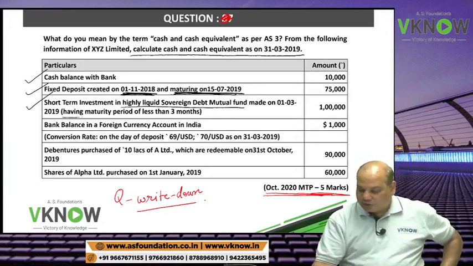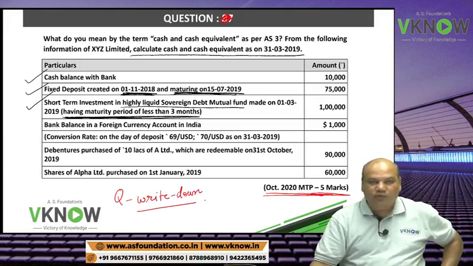Important line is this one: having maturity period of less than 3 months, 1 lakh.